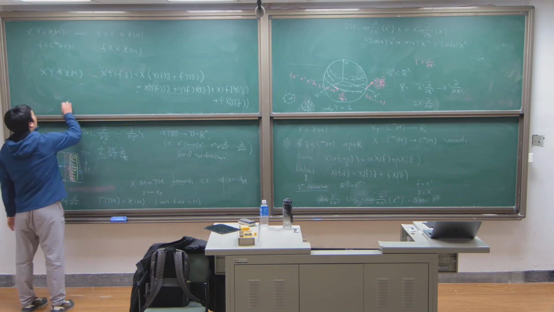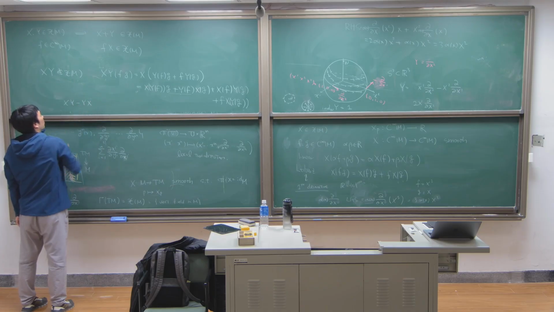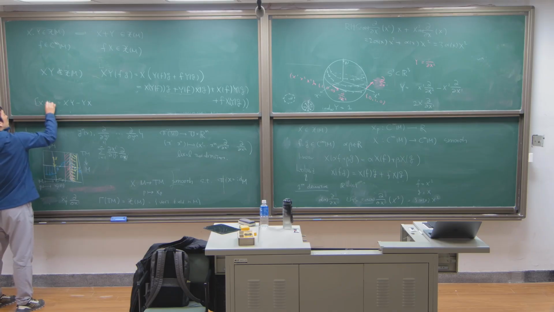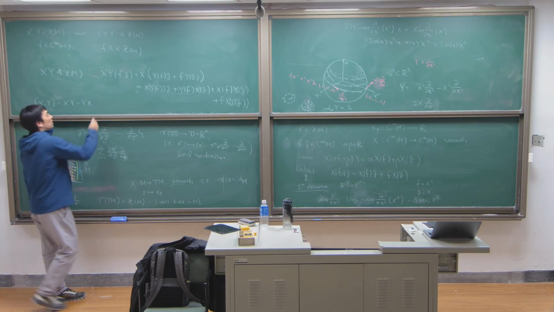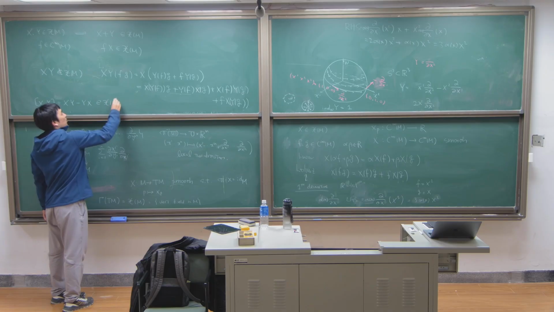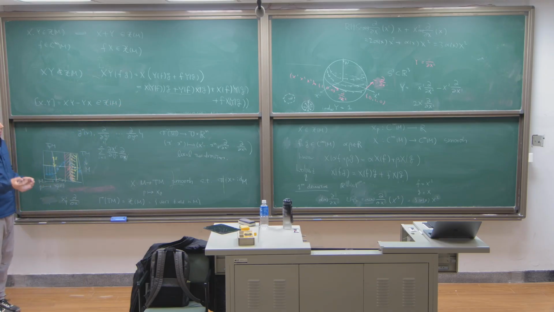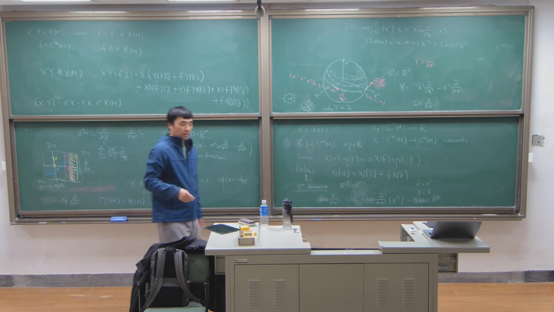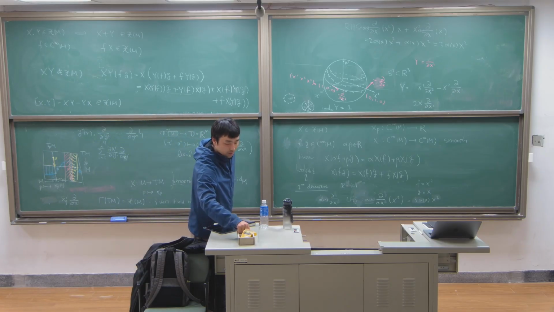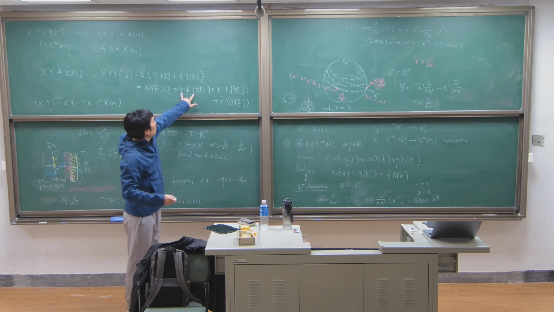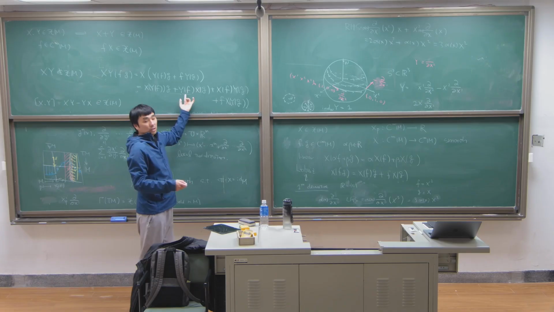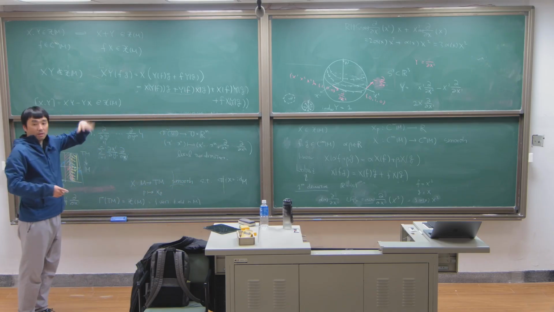On the other hand, if you consider the quantity xy minus yx, I call it this one, it's like this one. This is a vector field. Because if you swap x and y and take a negative, what do you get? If you swap them, you get exactly this one. And if you take a minus sign, they cancel. They cancel.